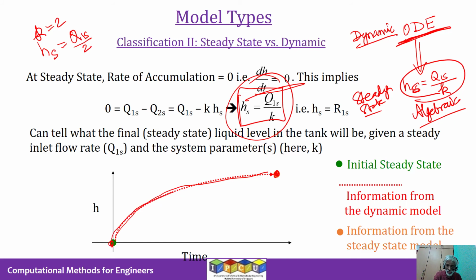It will also be able to say how the system reaches its final height when Q1 increases from one value to the other. So the information that you get from a steady state model will be limited to this point and to this point. The information you get from the dynamic model will include those 2 points as well as the trajectory that the system takes in order to go from one state to another.